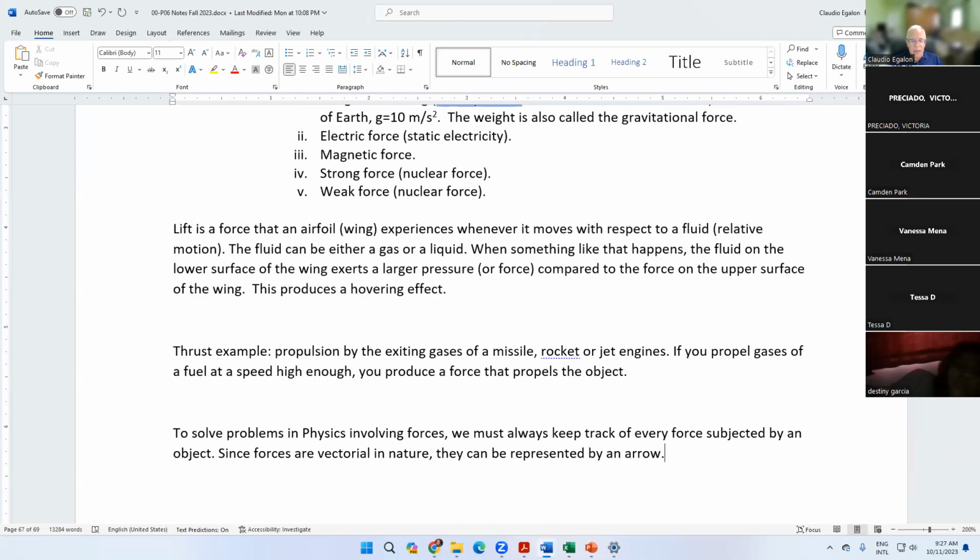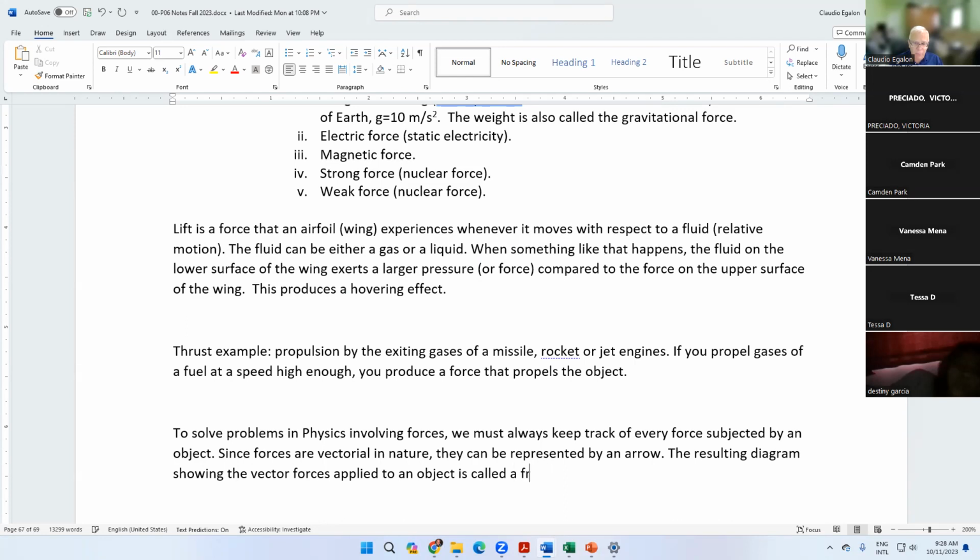The resulting diagram showing the vector forces applied to an object is called a force diagram.